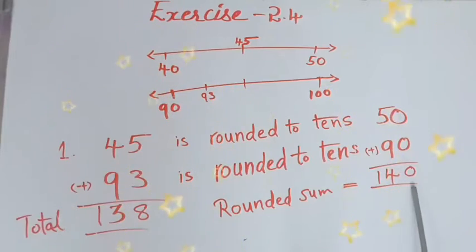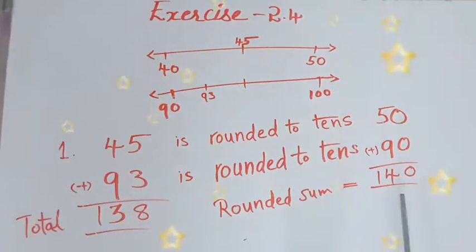So 140 is our estimated sum. So our rounded sum is 140. So this is the addition. In the same way you have to do the subtraction sum, and all the other sums also.